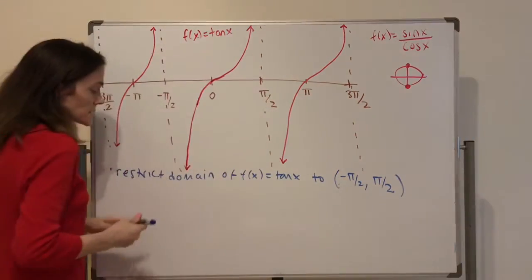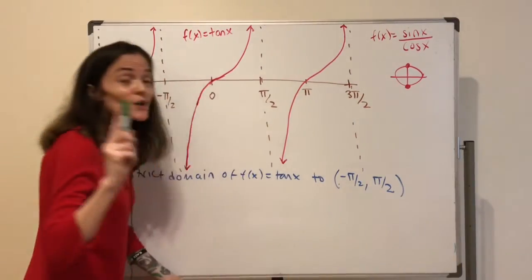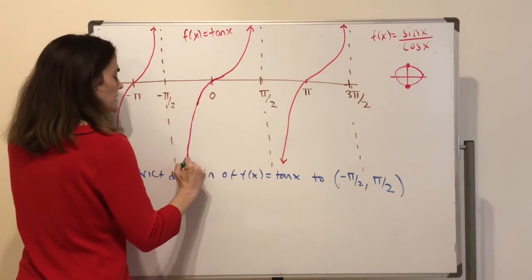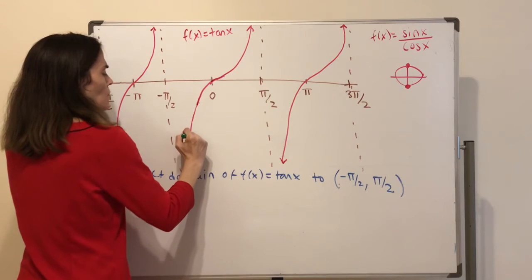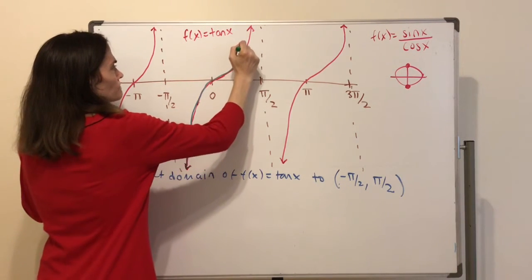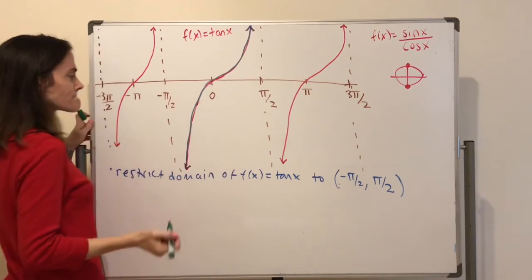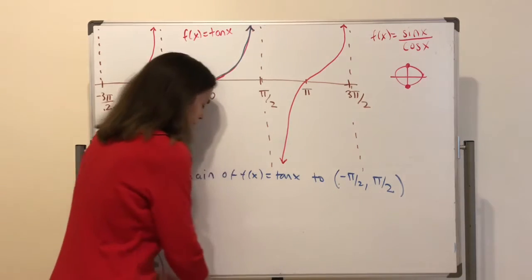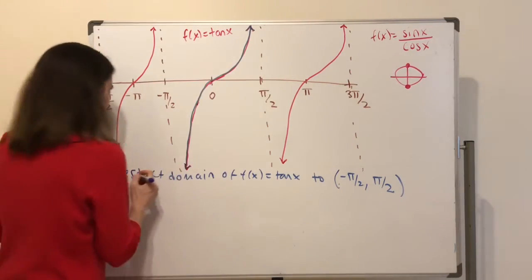So in effect, in order to define the inverse tangent function, we are looking at this part of the tangent. And when we do this, we get a one-to-one function.